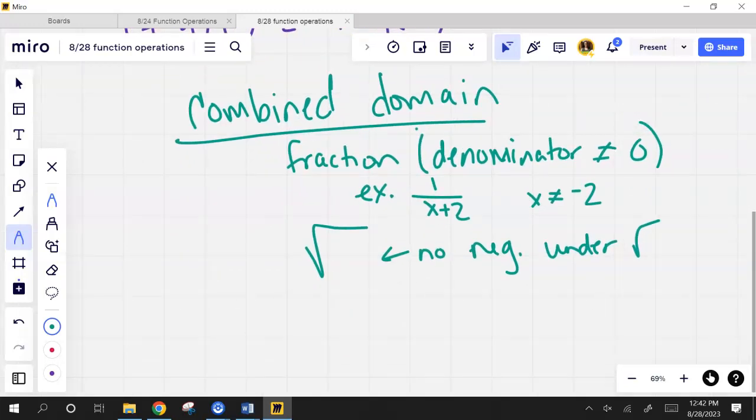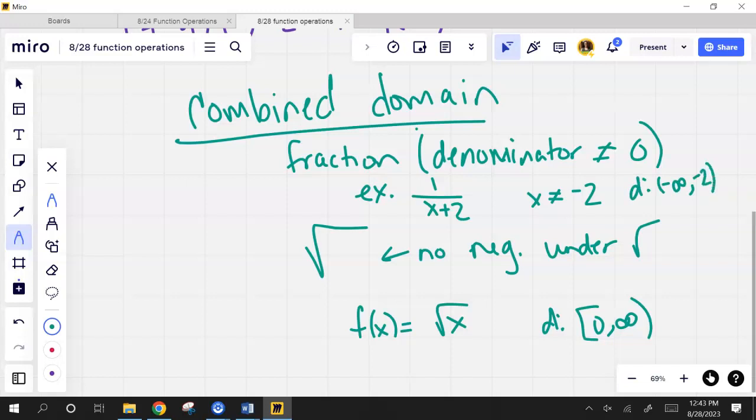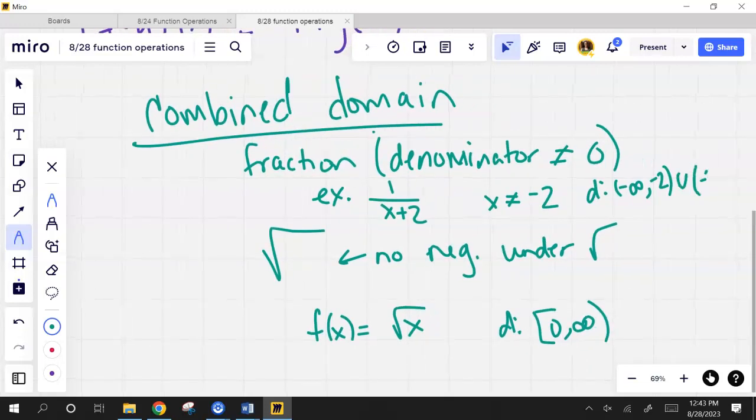So if I said f of x equals the square root of x, and I said what's the domain there, I have to say that x has to stay positive, right? How do I say that? If I wrote the other domain, it would be negative infinity to negative 2. Got to leave that value out.